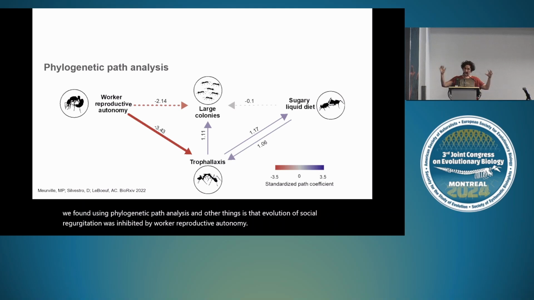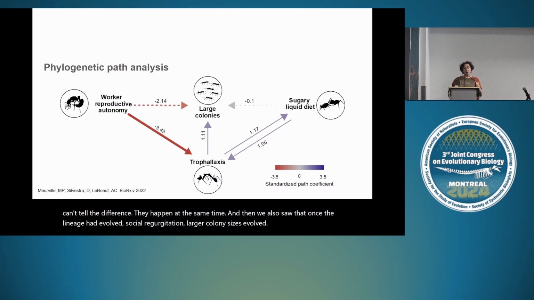So in a situation where there's more reproductive competition, there's less willingness to share between individuals, and they didn't do it. We also saw that the ecological shift towards a sugary liquid diet, which we call eco-opportunism, promoted trophallaxis, or vice versa. We can't tell the difference. They happen at the same time. And then we also saw that once a lineage had evolved social regurgitation, larger colony sizes evolved.